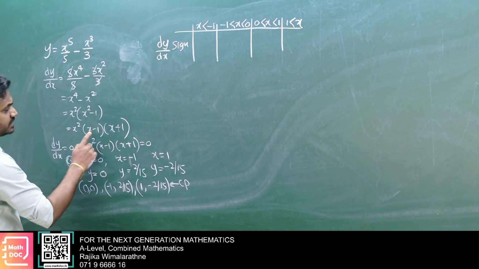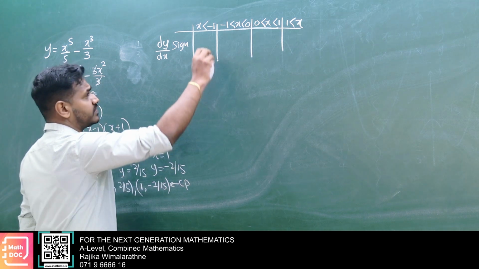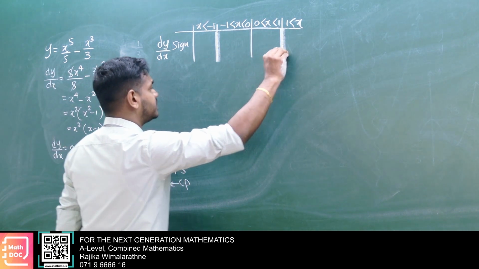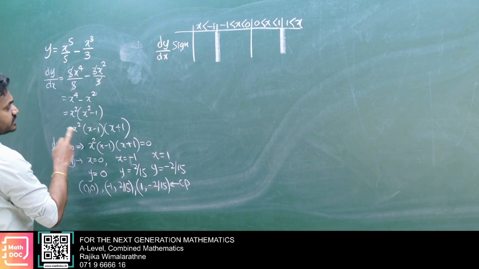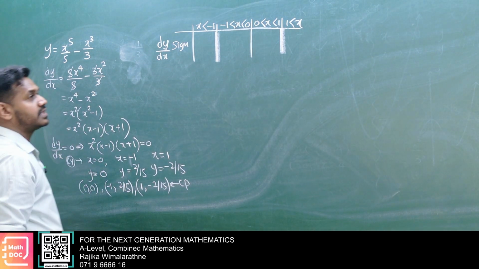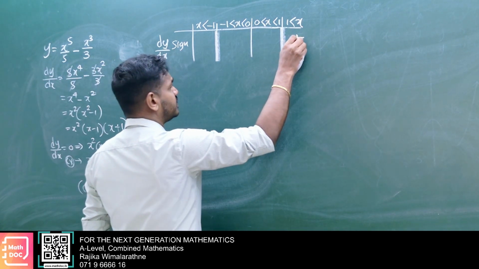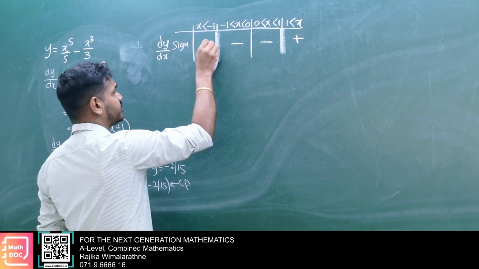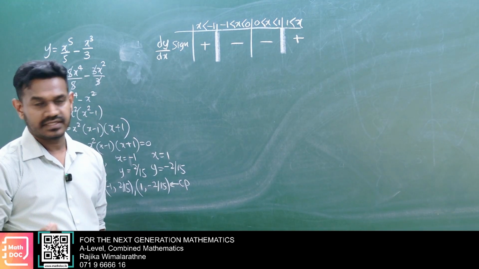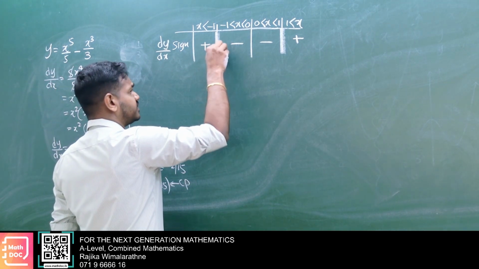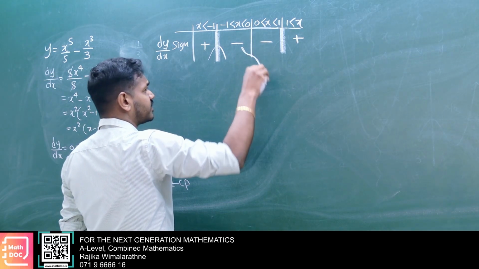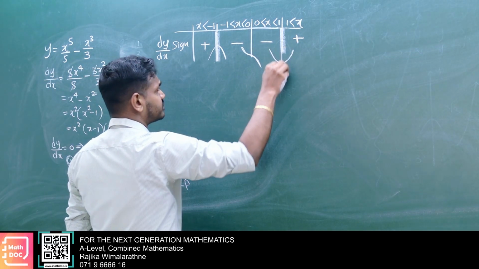There is a sign change only at +1 and -1, because the factor x squared means at x equals 0 the sign won't change. The leading term is positive, so we can start from the right with positive, then negative, no sign change, negative, then positive. Or otherwise you can put in values and check the sign. Plus to minus is a maximum, minus to minus is decreasing inflection, minus to plus is a minimum.